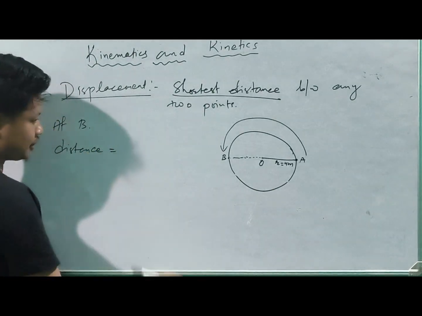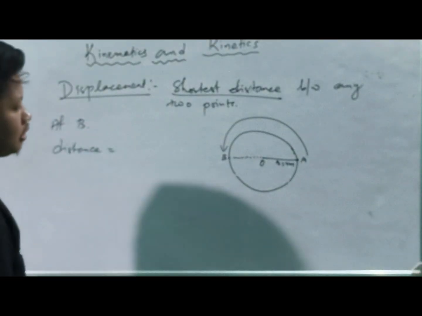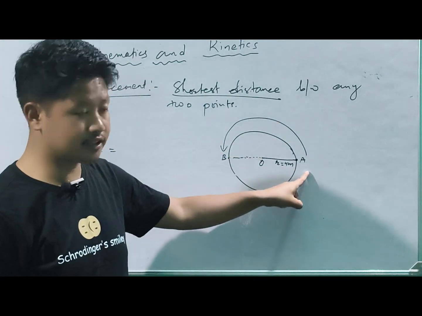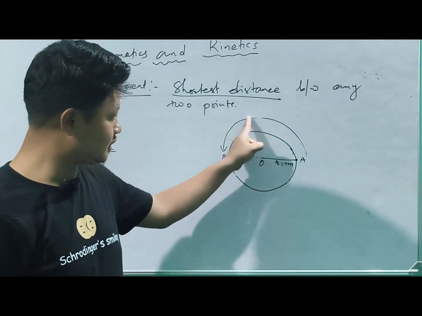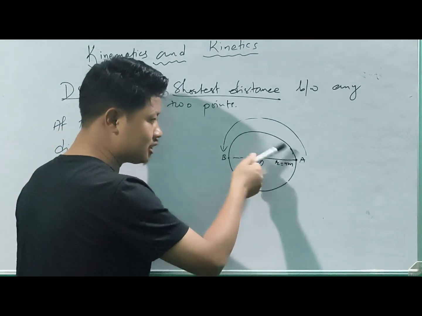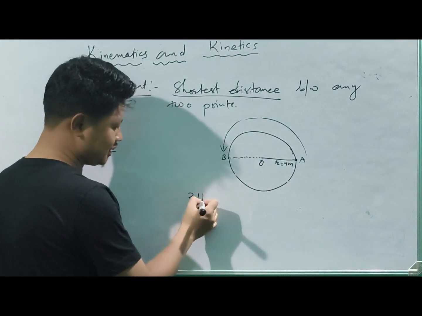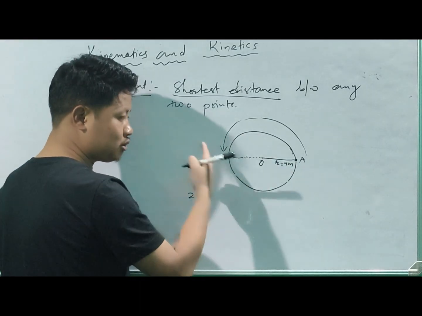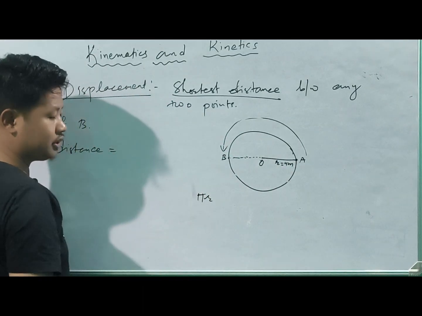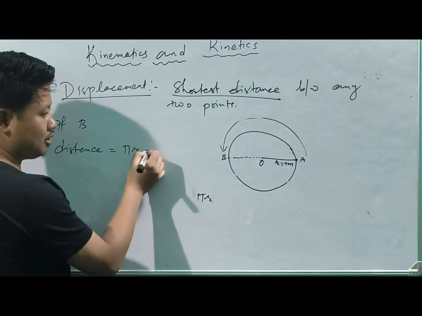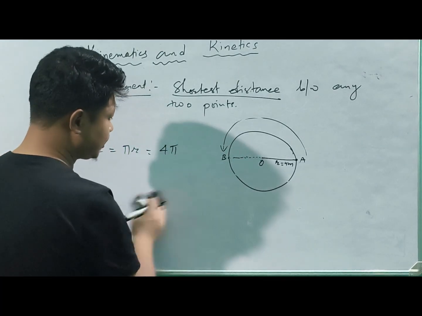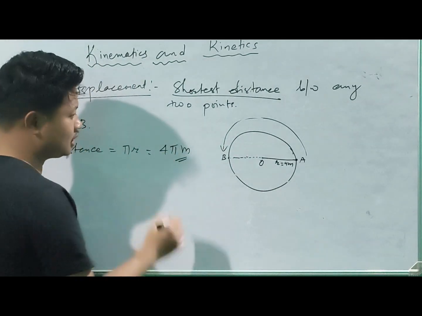If you look here, from here to here it is a semicircular arc. Yes or no? For a circle, the length is 2 pi r, that is the circumference, and from A to B it is only the semicircle. So distance will be pi r, and here r is equal to 4. So 4 pi meter is the distance. Clear?